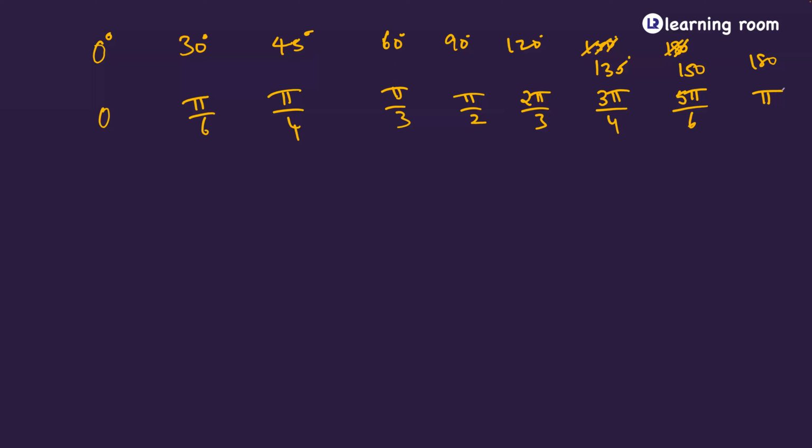Did you understand? So these are the angles you need to remember. If possible, as an exercise, prepare from 180 to 360, till 2 pi. Write it and see. Only then will your brain work. So do that, and next class I'll solve the third exercise. Then we have identities. Trigonometric identities, I've already recorded a video.